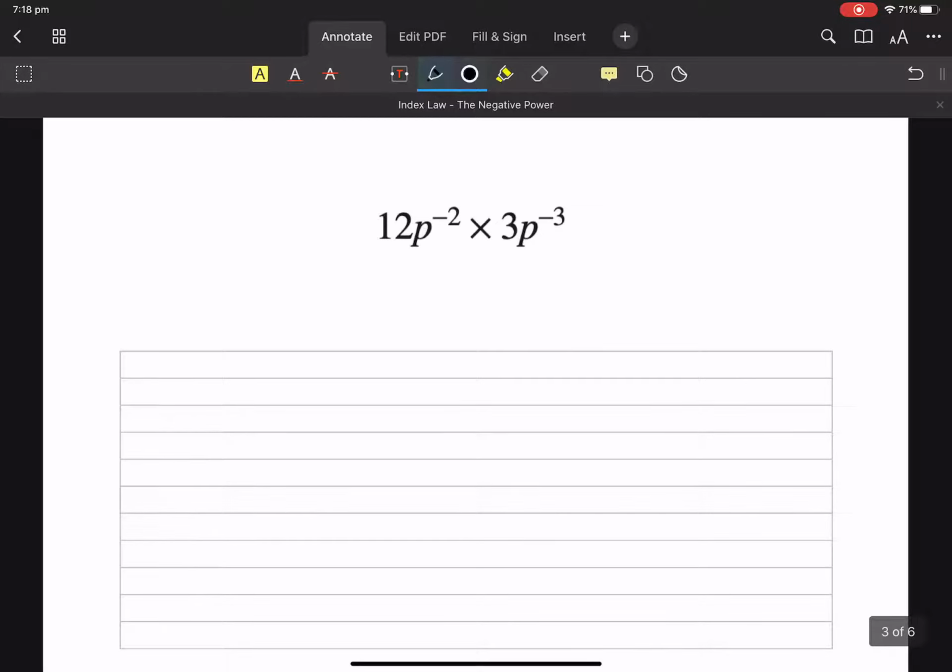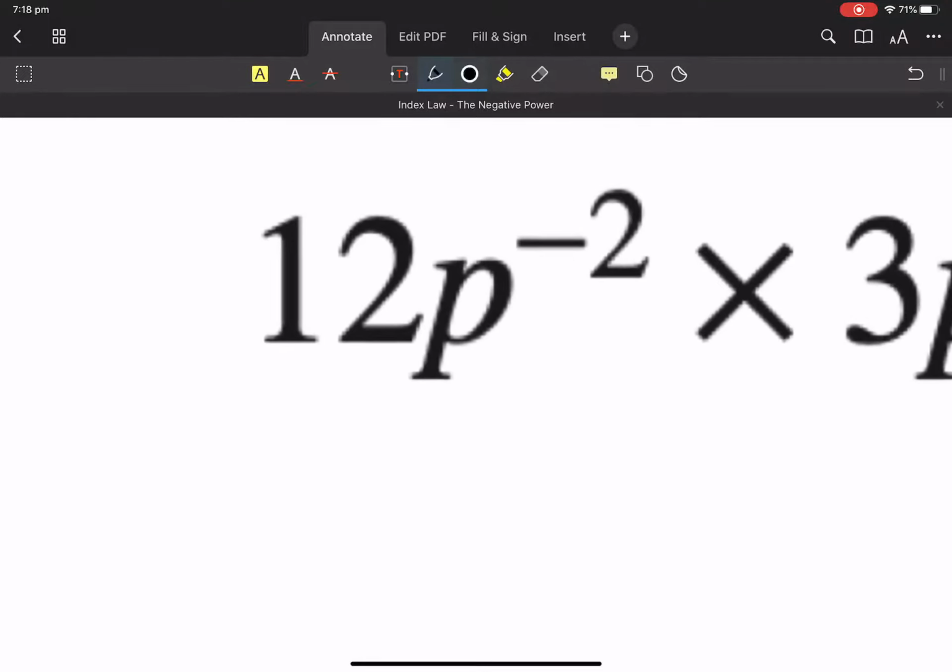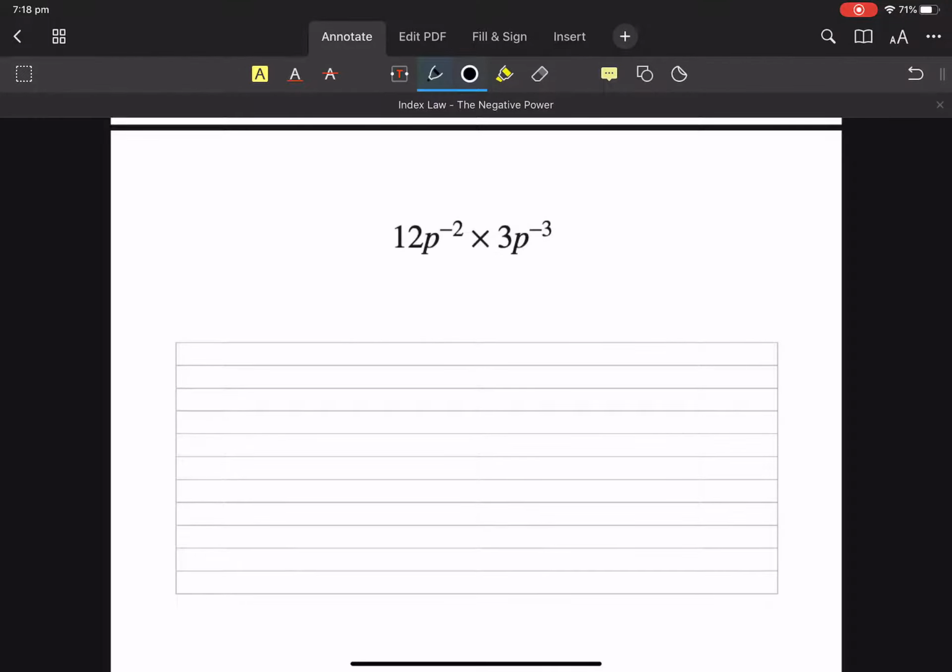Okay, so the negative power is just on the p. The 12 is not to the negative 2, is it? Because in between the 12 and the p, there's a multiply sign. So that's going to be 12 threes are 36. We are multiplying like bases, so we're adding powers. What's negative 2 plus negative 3? Negative 5. So that's 36 on p to the 5.